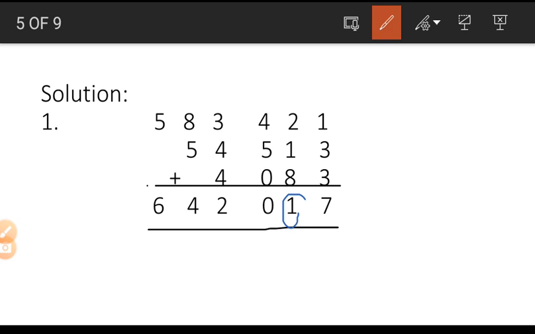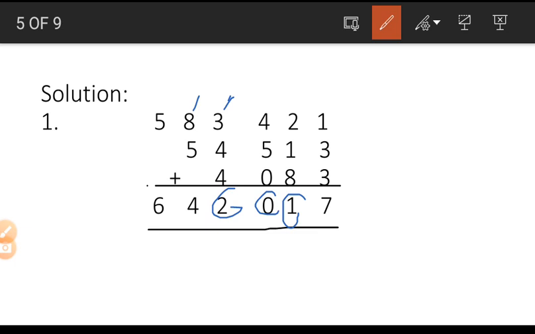So we put down a 0 and carry 1. 1 plus 3 plus 4 plus 4 gives us 12. So we put down 2 and carry 1.